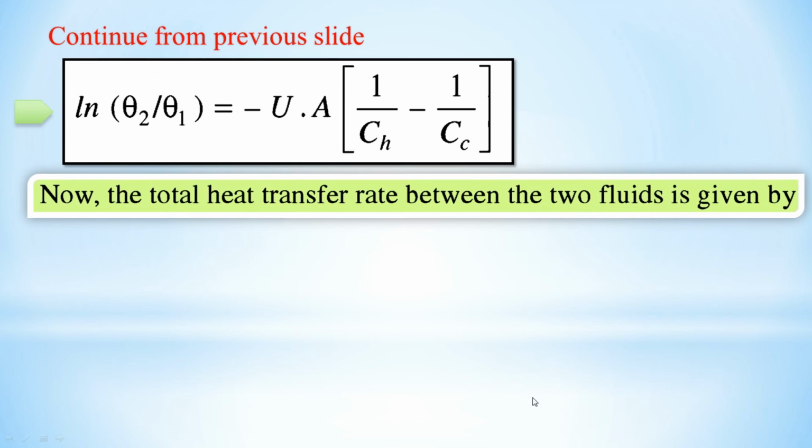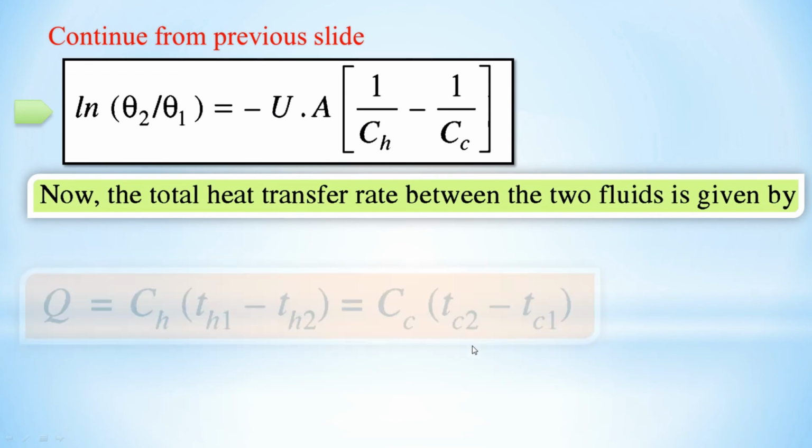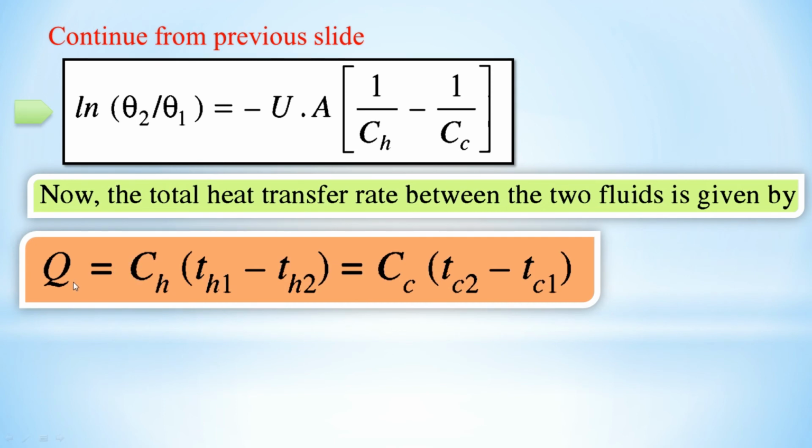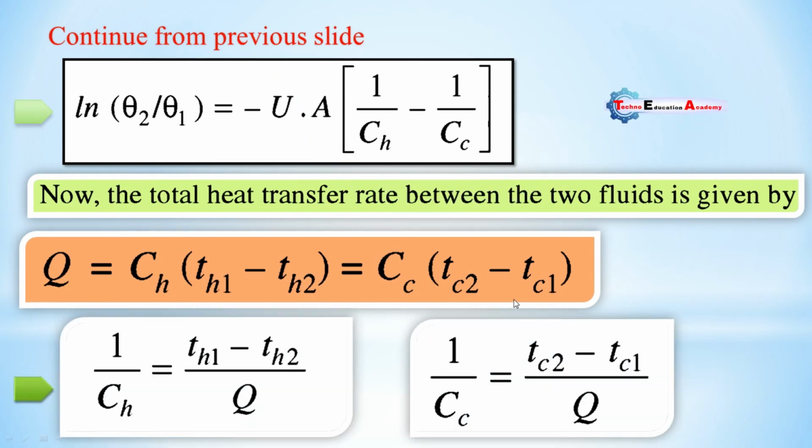Now the total heat transfer rate between the two fluids is given by, in the previous slide we have already derived this equation, Q equal to Ch, Th1 minus Th2 for hot fluid, and this is for cold fluid. So find out the value of 1 upon Ch and 1 upon Cc from this equation, and put this value in this equation of theta 2 by theta 1.